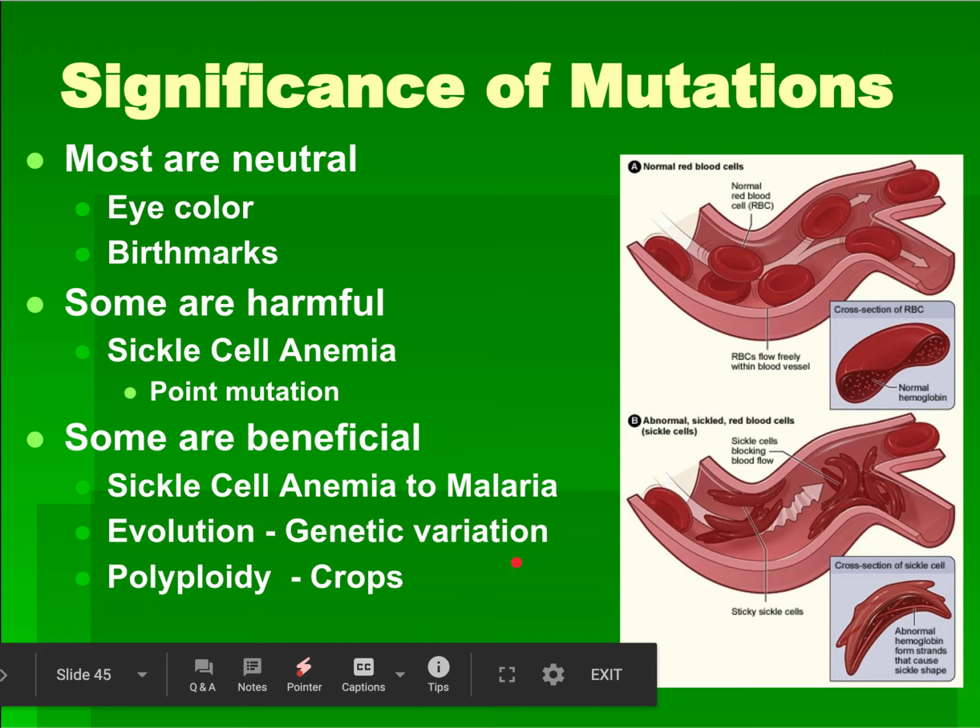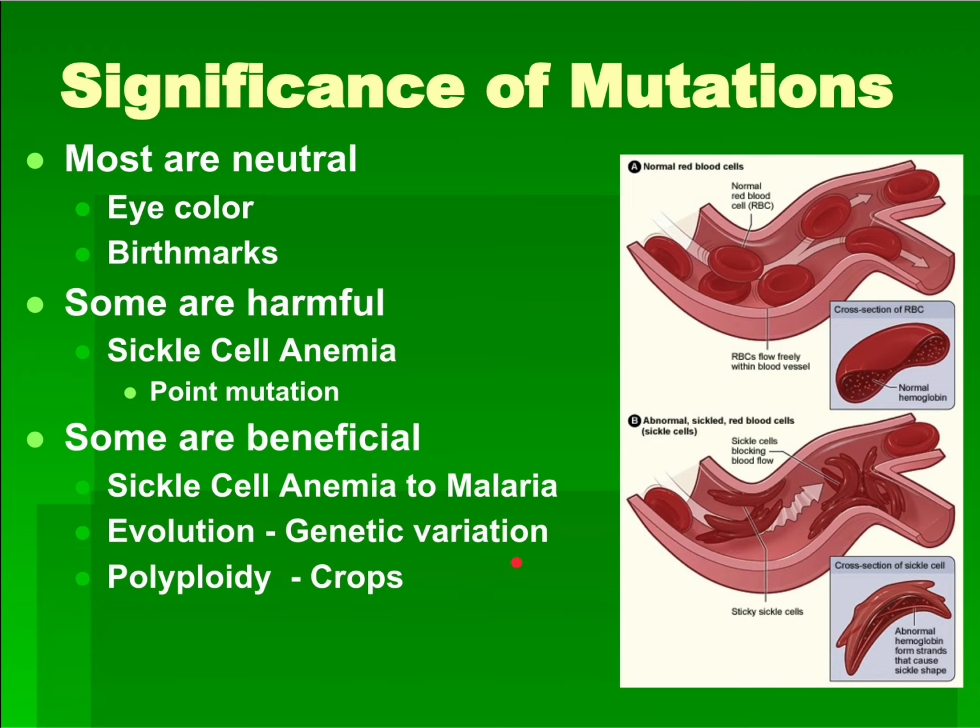But mutations are not all bad. They give us genetic variation, and they give us crops, polyploidy. The other day we were talking about meiosis, and I wrote 2N on the board, then after the first division of meiosis I wrote N, and after the second division I wrote N again.